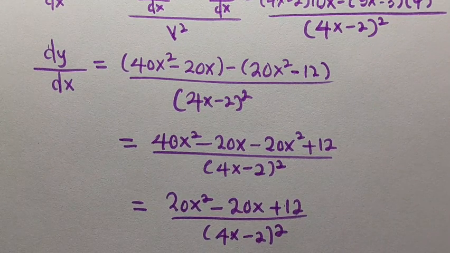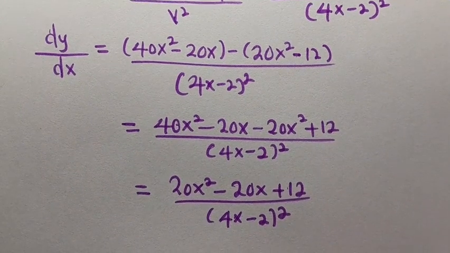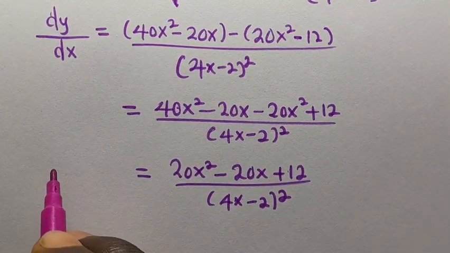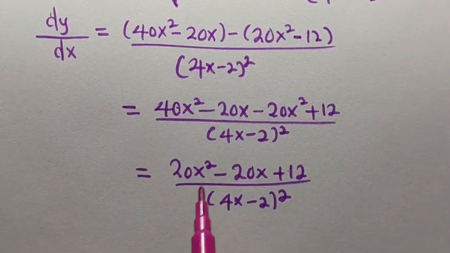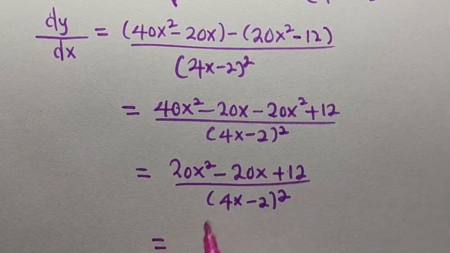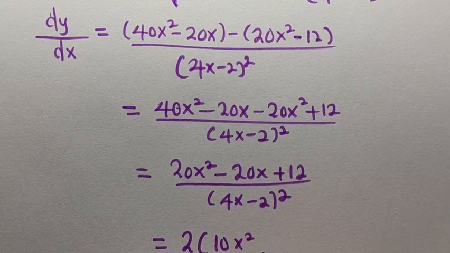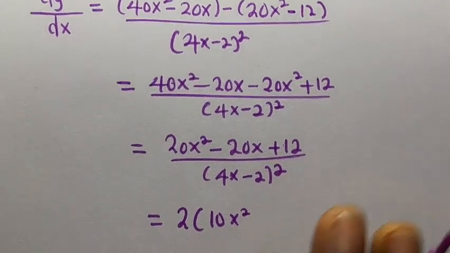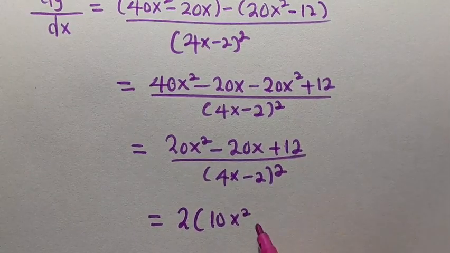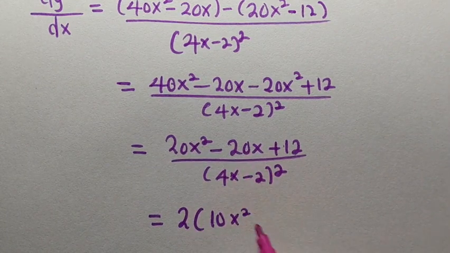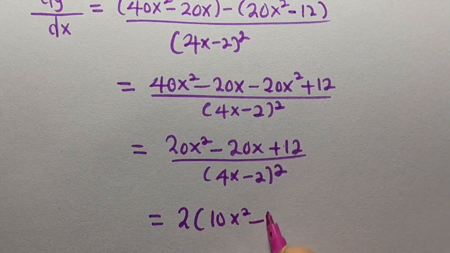So from here, we have 2 to be common in both. We have 2 into bracket of 10x squared. Then 20 divided by 2 will be minus 10x.